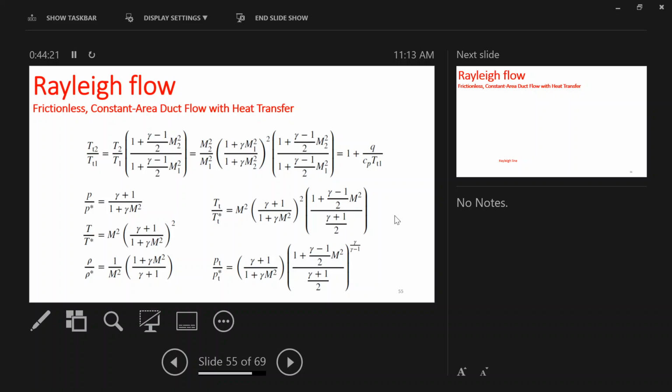We have to use the sonic ratios as well, and these are the ratios we have seen before: P over P star, T over T star. If your sonic condition is reached at the outlet, meaning M is 1 at the outlet, then this is essentially your T2, P2 over P1, and so on and so forth.